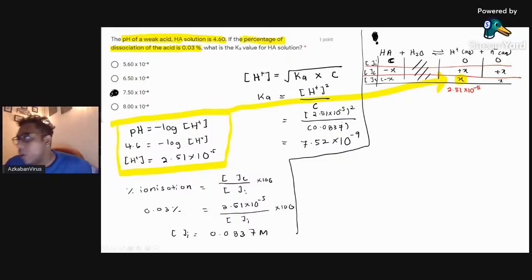Okay. So, soalan yang step berikutnya, kita ada percentage of ionization. Remember, percentage of ionization ataupun dissociation, those are the same thing. Is equal to concentration dekat change bahagi concentration dekat initial darab dengan 100. Okay, nilai ini kita dah ada, which is 0.03. Ini kita nak cari C bahagi concentration of initial kita.